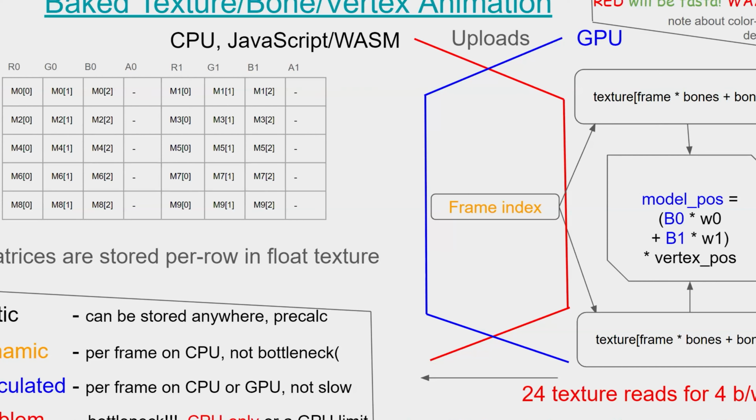Basically, all those matrices that we are calculating on the CPU, if we make discrete animations like 100 frames per second, we save those animations as matrices in the texture. We can save matrices, we can save vertices. It's different size and different performance for that. That way, most of the CPU work is done beforehand.